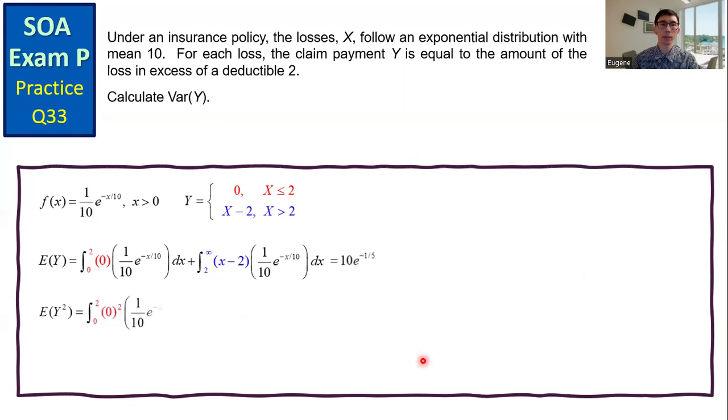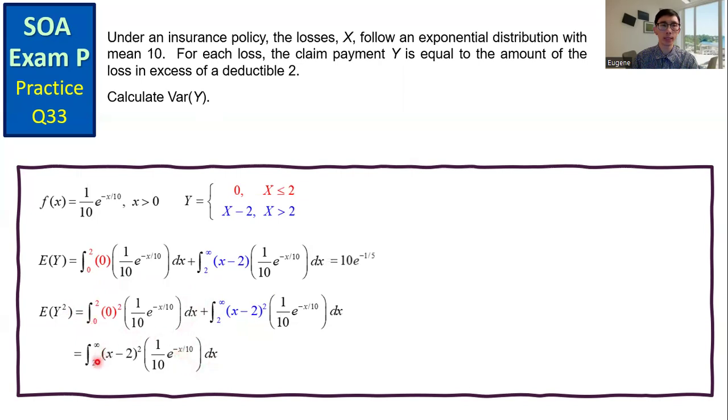Next, we compute the expected value of Y squared. So the first term is 0 squared, the square of the claim payment times the PDF of X dx. And then the second term corresponding to the second part of the PDF of Y. Again, the first term of the expected value of Y squared is 0.